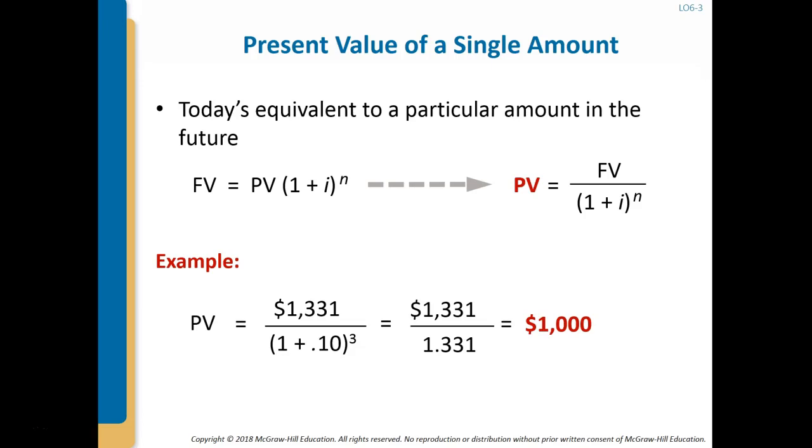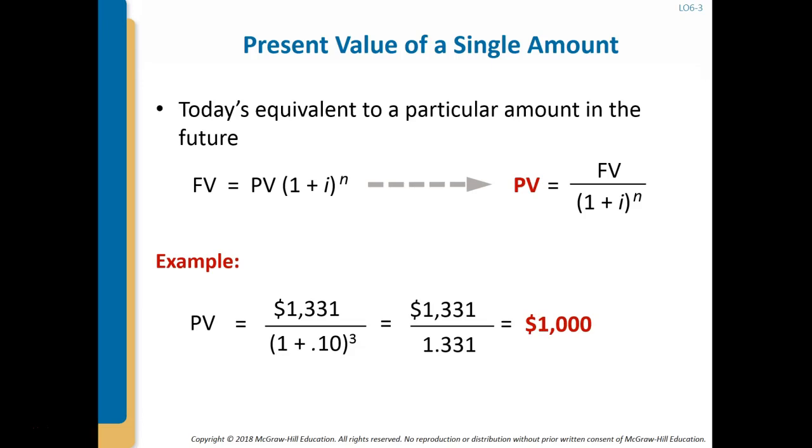So the $1,000 investment is the present value of a single sum of $1,331 to be received at the end of 3 years. It's also the present value of $1,210 to be received in 2 years, or the present value of the $1,100 to be received in 1 year.